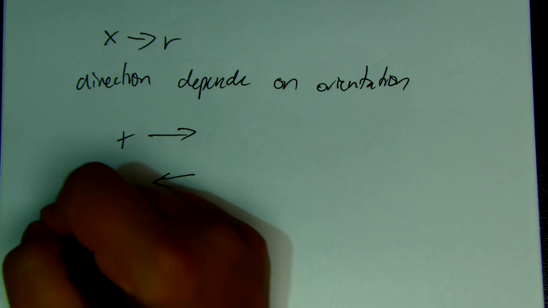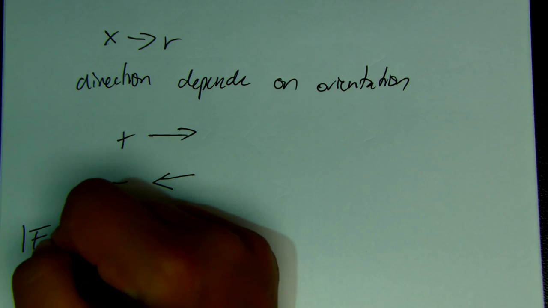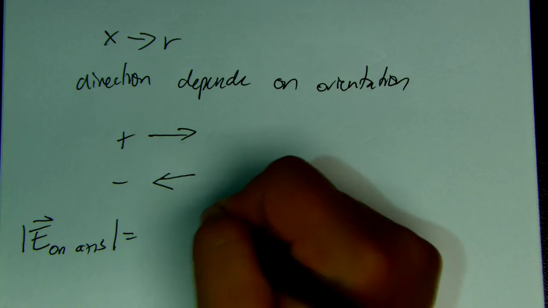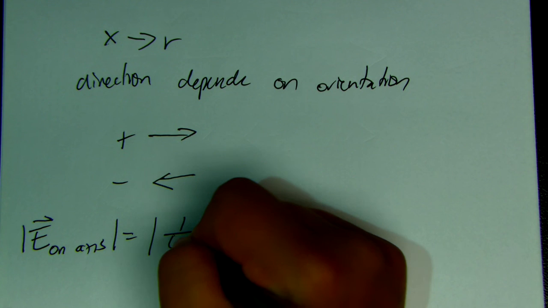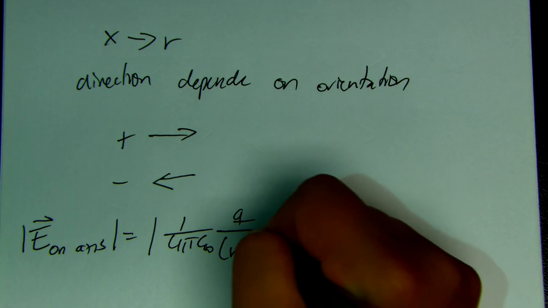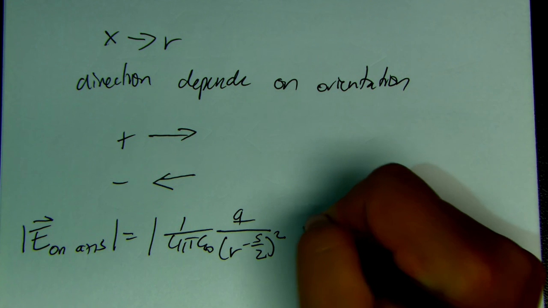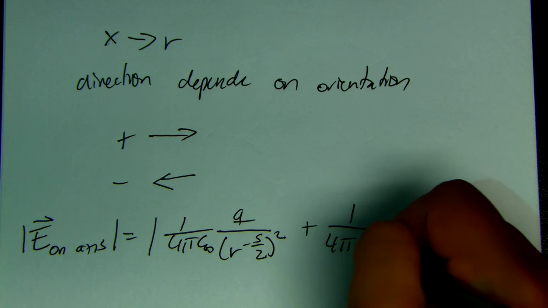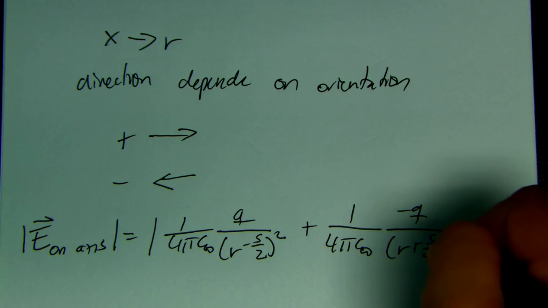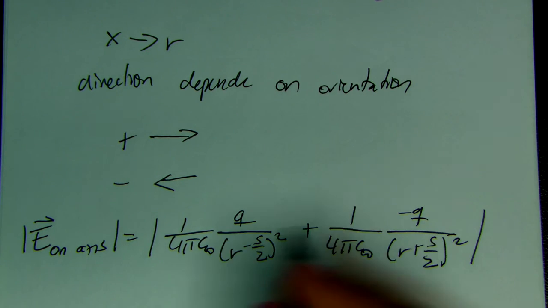All right, so the magnitude of the electric field on axis for a dipole is equal to 1 over 4 pi epsilon naught q over r minus s over 2 quantity squared plus 1 over 4 pi epsilon naught minus q over r plus s over 2 quantity squared.